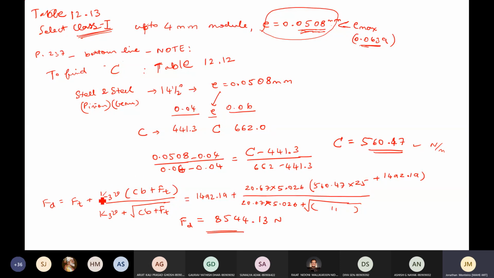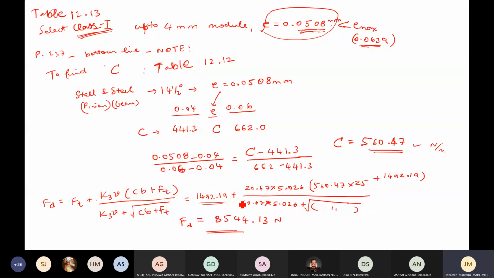You notice what has happened to the tangential tooth load. The tangential tooth load is considering the static condition only, but it is increased so many times to give a dynamic tooth load at that particular velocity. So the gears that are so designed, it's a factor of how fast the gears are rotating or the maximum speed by which the gears can rotate.